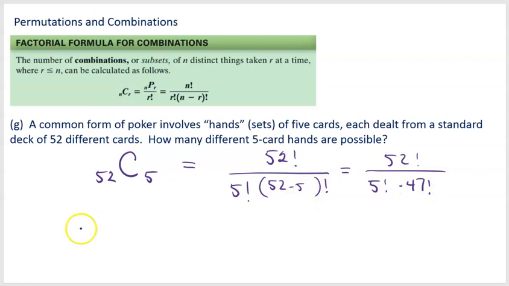Now remember, the rule is to simplify, unless you're going to plug this combination directly in your calculator. Then you need to write the top one down to the biggest one in the bottom. So I'm going to write 52 factorial as 52 times 51 times 50 times 49 times 48 times 47 factorial.